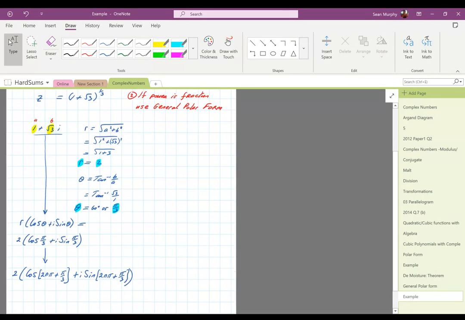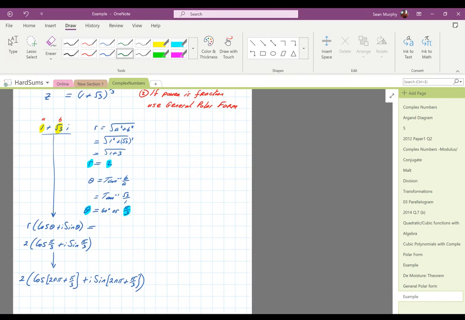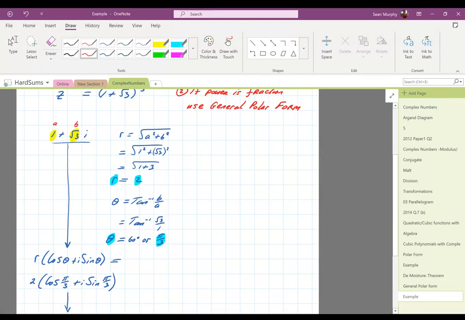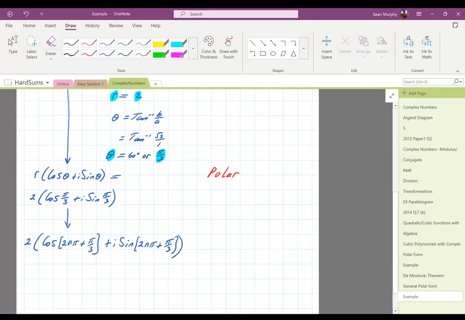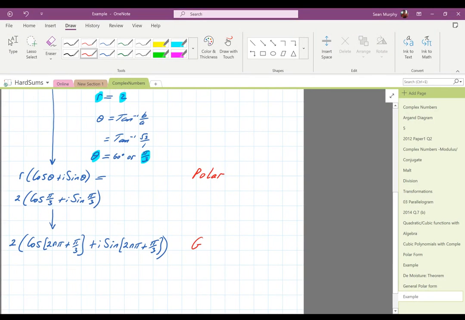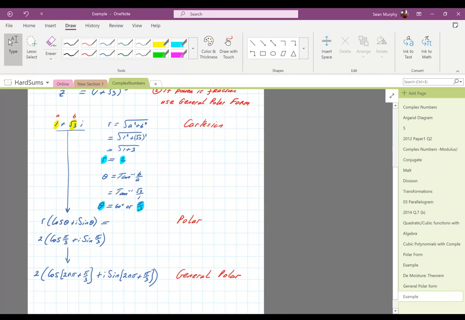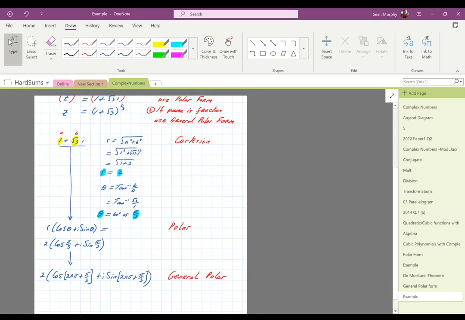So again, in terms of steps for an exam situation, the first step is Cartesian. The next step is polar. And the next step is general polar. As you can see, it's getting a little bit more complicated each time.